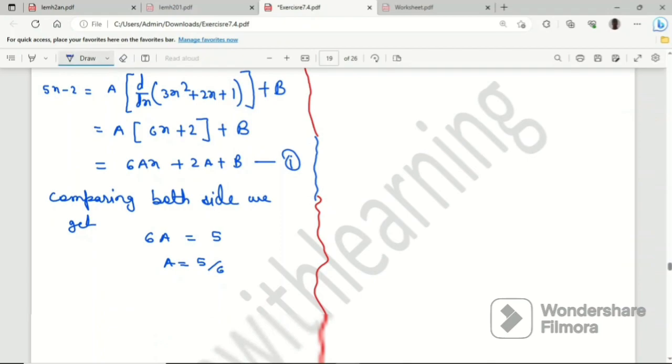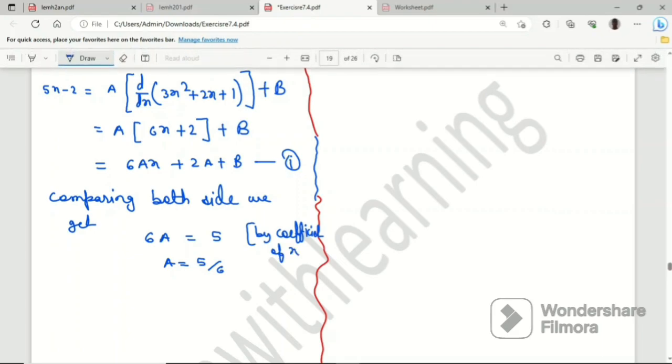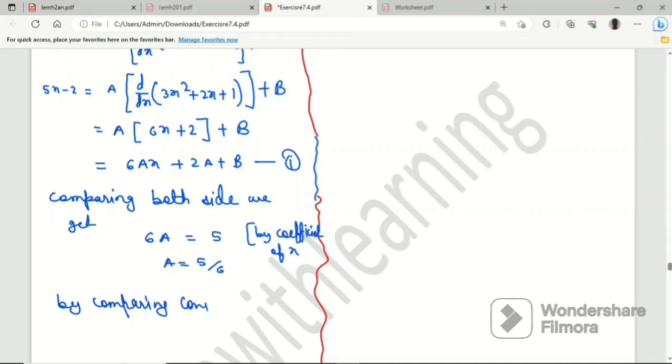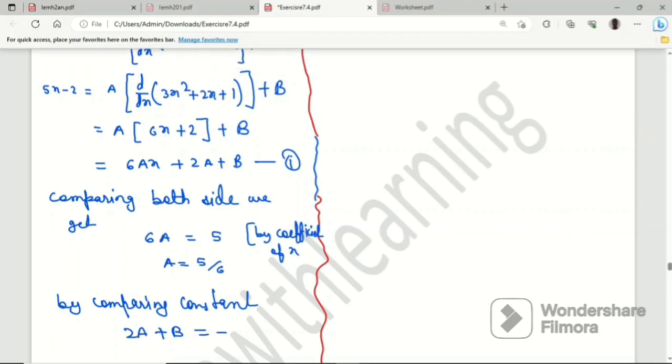And comparing both sides again, I have compared the coefficient of x. So by comparing the constant, I will get 2a plus b equal to minus 2.